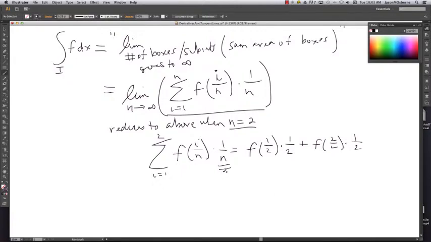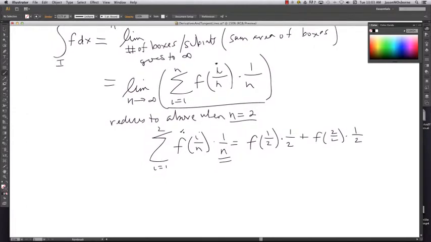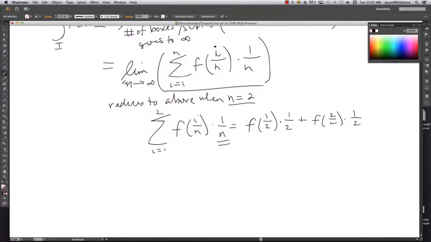Okay. So we just need to approach this limit problem. The way to tackle that problem is in two steps. We want to first compute the summation.